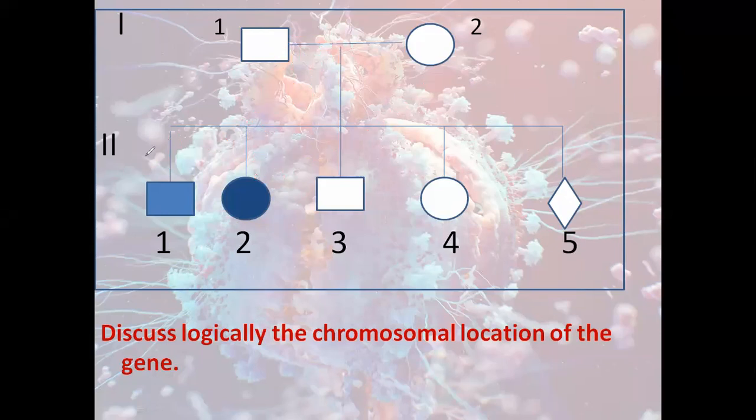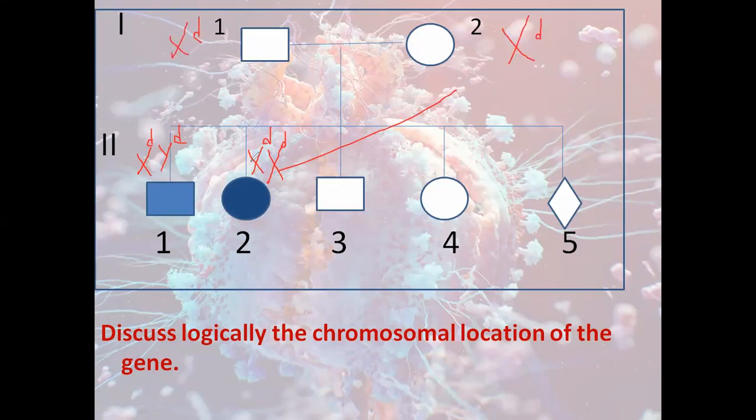Now, it's found on X and Y. This is a male XY and this is XX. If it's on the homologous part of X and Y and the allele of disease is recessive. Pay attention here: the allele of disease is recessive. So what do we do? If it's on the X and Y, here it's XDYD. And here it's XX, XD, XD. The XD from the mother, and here XD from the father.